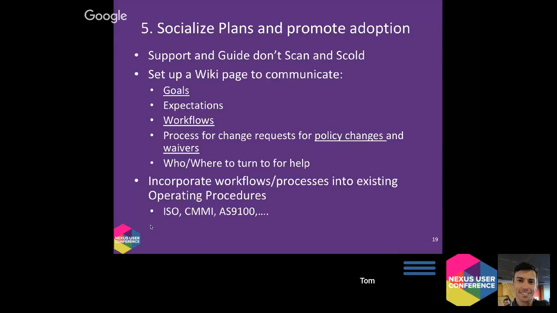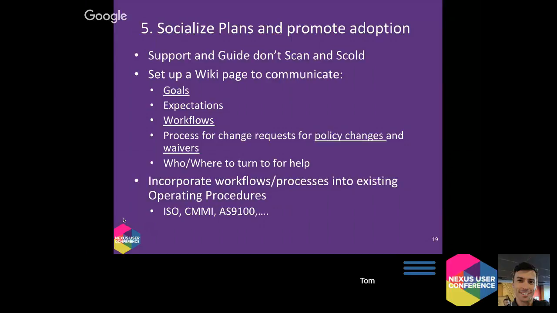So what am I suggesting? I'll set up a wiki page or a Confluence page or some mechanism of choice to communicate the things we've talked about: to communicate goals very clearly with the timeframes, to communicate expectations, to communicate workflows, and to communicate how these policy changes and waivers occur. And I'll throw in a little bit: if you have existing quality management systems and other mechanisms, consider incorporating these workflows and processes into those.